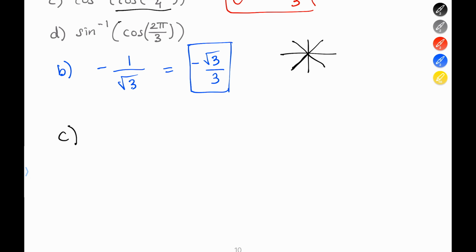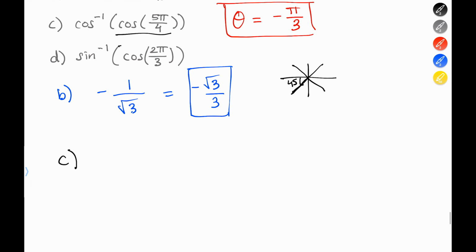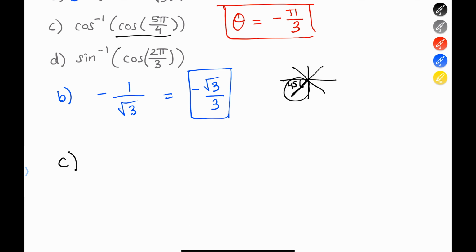We have a reference angle of 45 degrees. Cosine is negative in this quadrant, and so that's why we're going to have a negative root 2 over 2. So now we have cosine inverse of negative root 2 over 2.